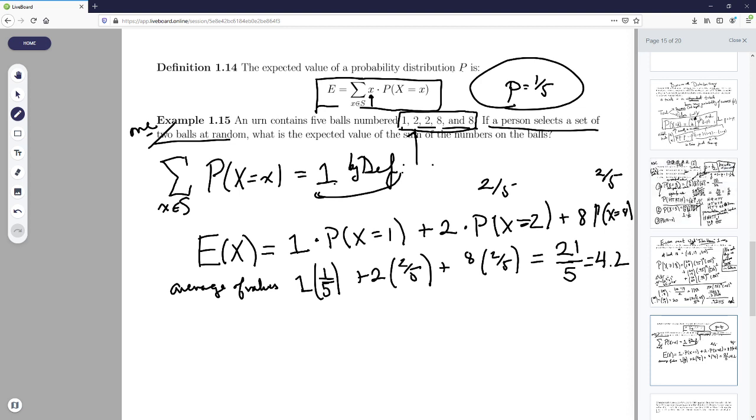Because you don't ever expect to get 4.2, since your answer is either going to be 1, 2, or 8. What we mean by expected value is if you run the trial, say, 1,000,000 times, and then you average the results.